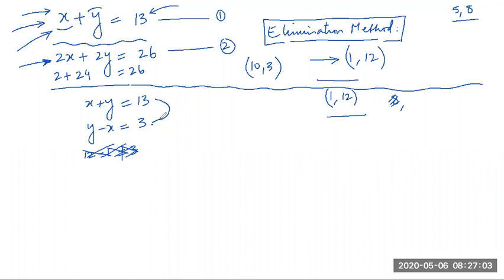So let's see, what is the first step? Name this equation 1 and this equation 2. Then what do we have to do? In the elimination method, we want to make the coefficients of any variable the same, so that when we add or subtract them, they will be eliminated.